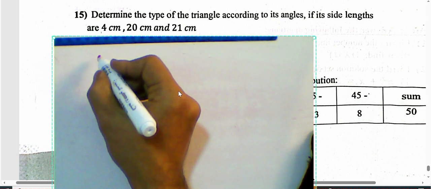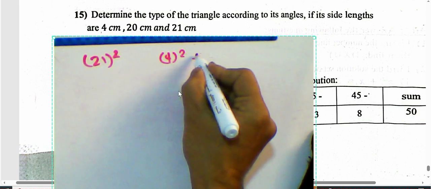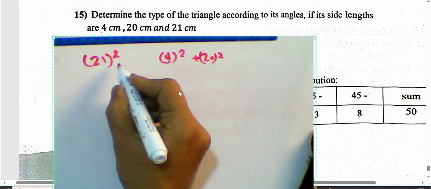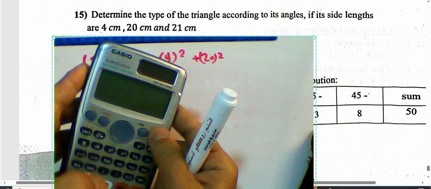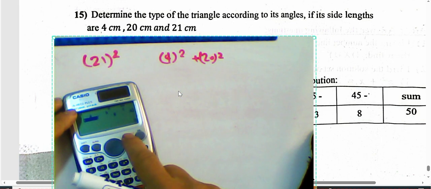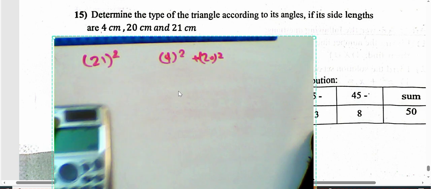We have first step, right, 21 power 2 and also 4 power 2 plus 20 power 2. To know the type of this triangle, you must compare between the greatest number here, which was 21, right? 21 power 2 equals 441.